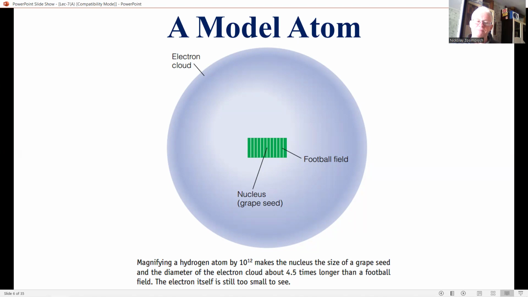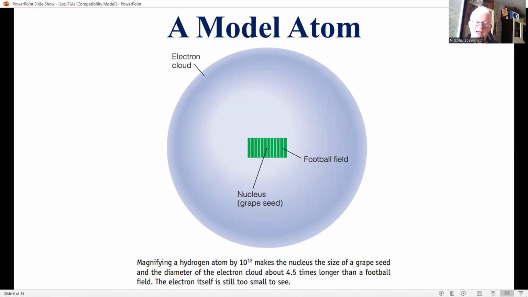Protons and neutrons each have masses about 1840 times that of an electron. Imagine how large, right? So most of the mass of an atom lies in the nucleus.